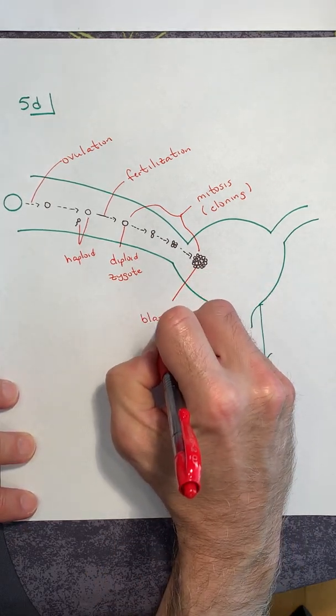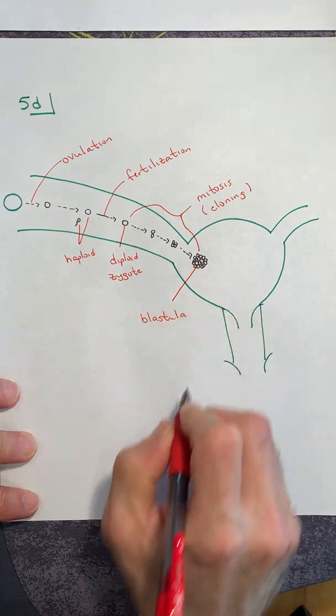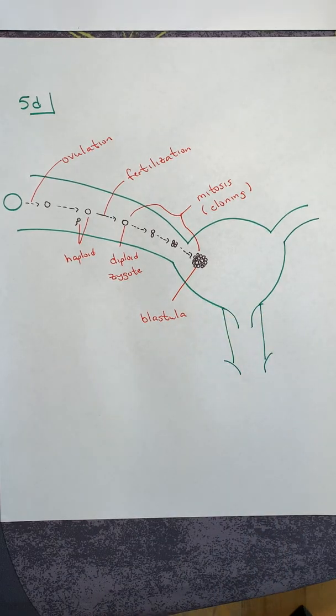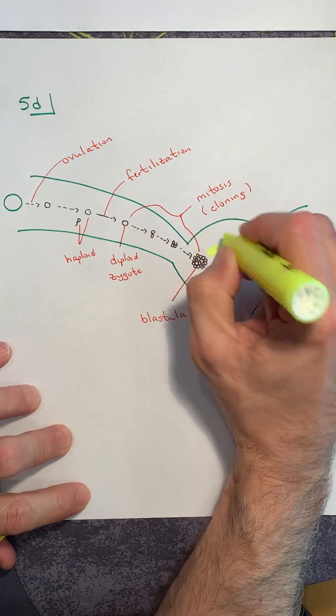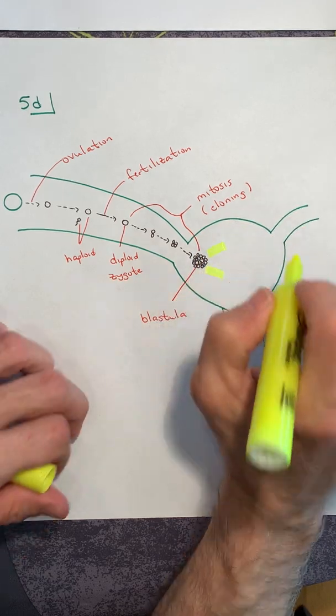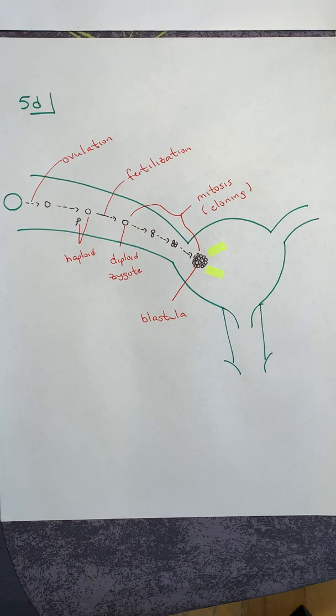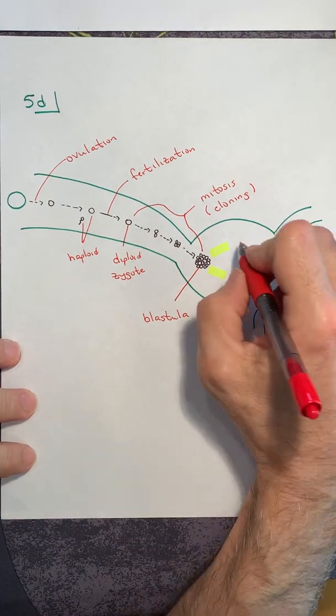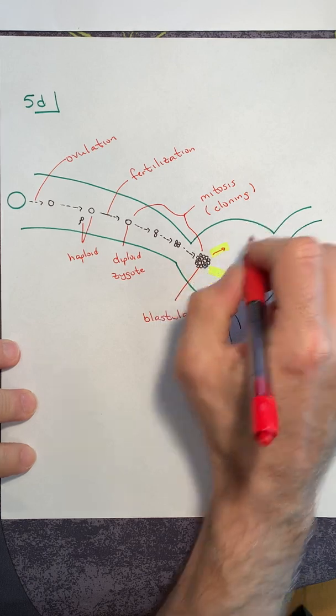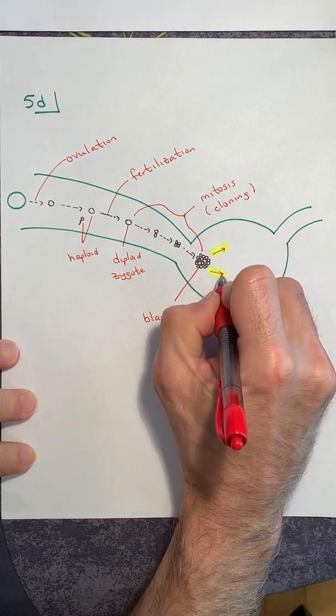So we then get this cluster of cells here. These are undifferentiated cells, and this is called a blastula. Now, in some individuals, this blastula breaks apart, and you will hear people say the blastula spontaneously breaks apart. You should have a reaction to that whenever you hear someone in science say, oh, that's spontaneous.